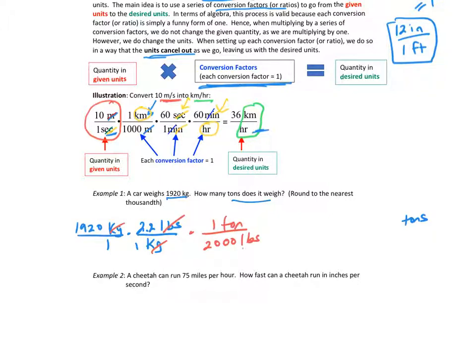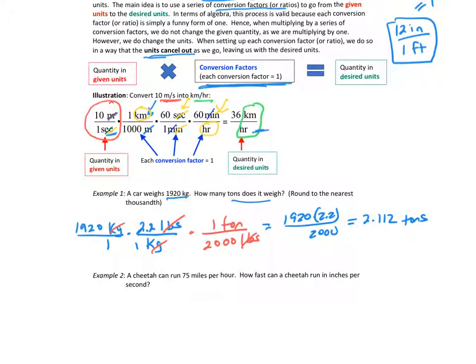Now we can cancel out the pounds, and our final unit is in tons. So we will multiply across the top. So we do 1920 times 2.2. So this is 1920 times 2.2 over 2,000. And when you enter that into your calculator, you'll get 2.112 tons.